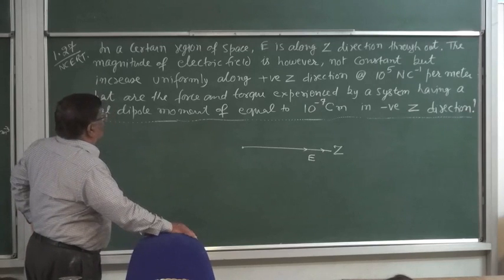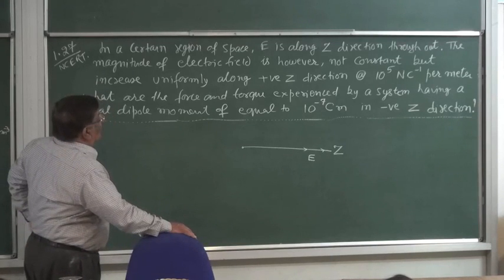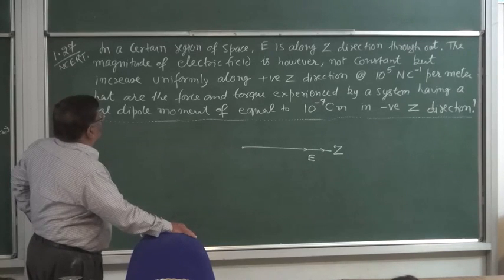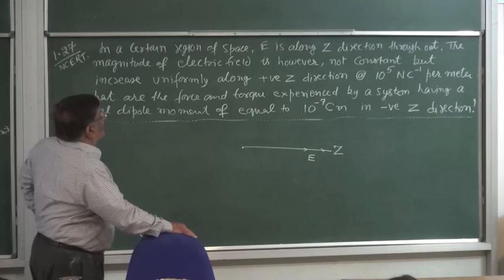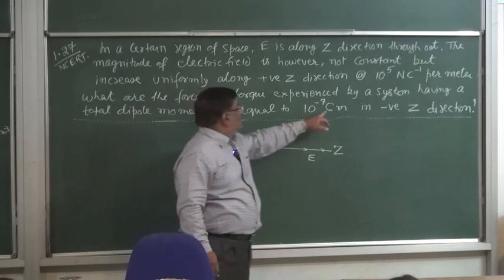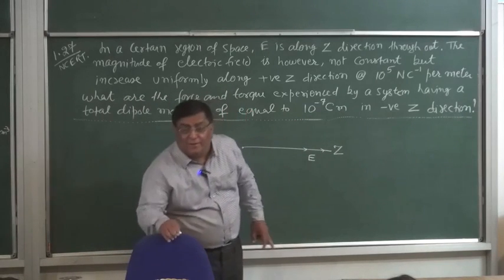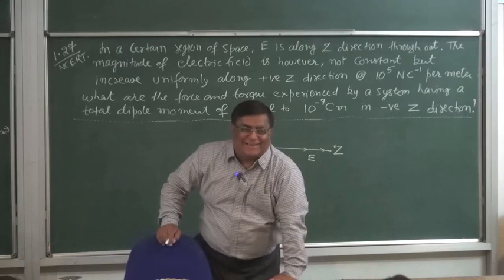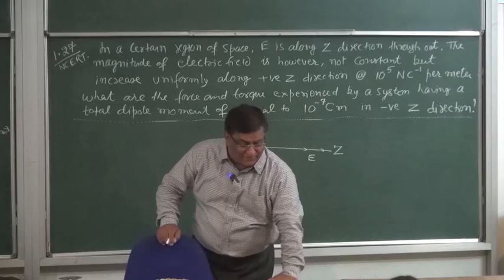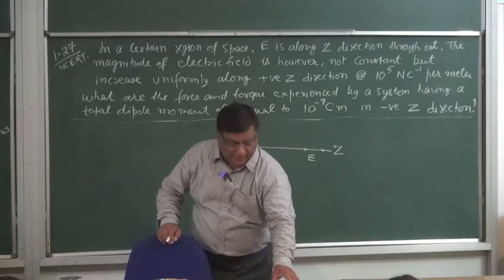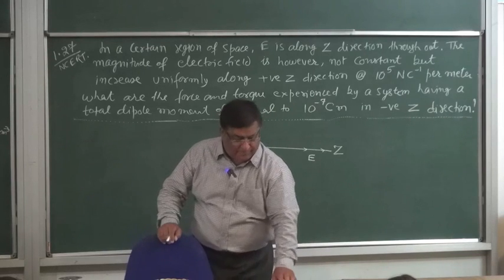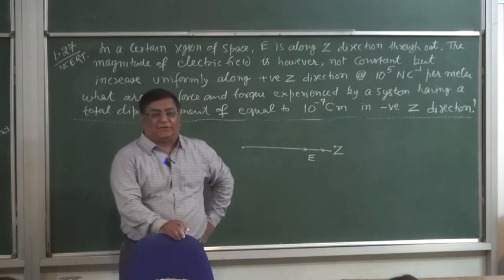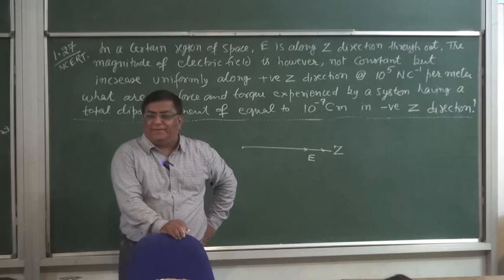What are the force and torque experienced by a system having a total dipole moment equal to 10 to the power minus 7 Cm? What is this? Coulomb meter. Here Cm is not centimeter. This is coulomb meter. Okay? In negative Z direction, what does it mean?